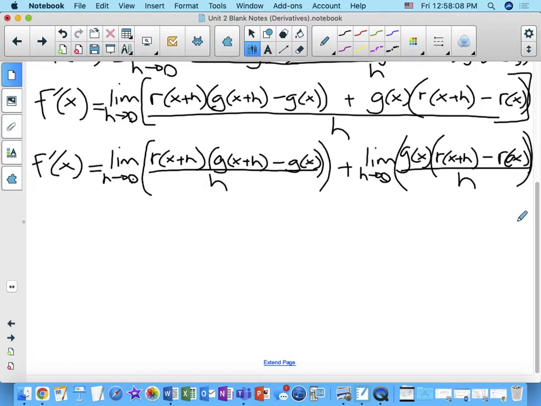Okay, and now I can multiply r of x plus h times this, and g of x plus h times that. So I'm going to break that up even further.